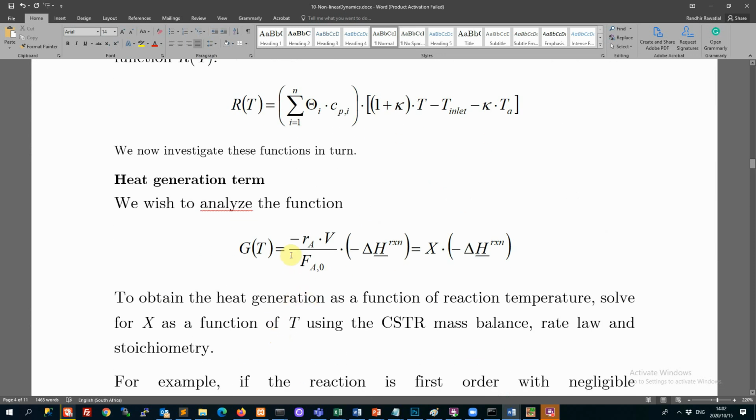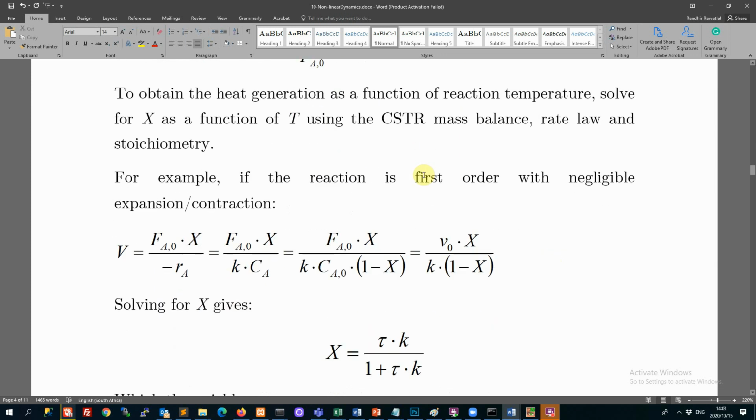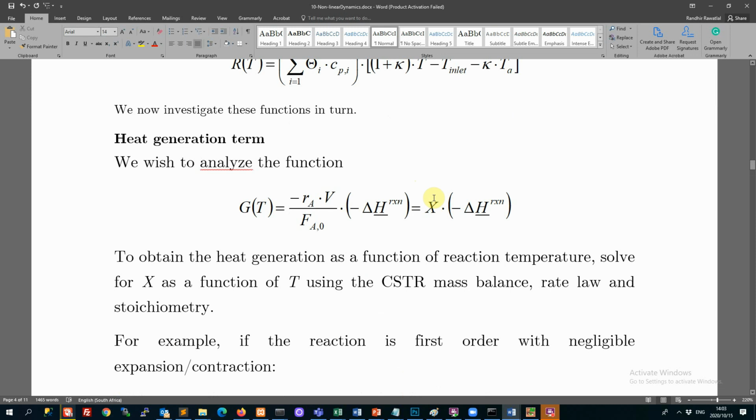And now let's think about finding a more specific form for our G of T. So we've said G of T is RAV over FA naught times the heat of reaction. And of course, if it's in a CSTR, RAV over FA naught, that's nothing but X, so we can replace by X here. Right, and now we would like to replace that X by a temperature function.